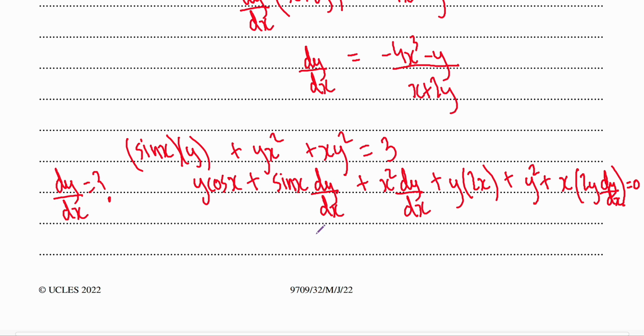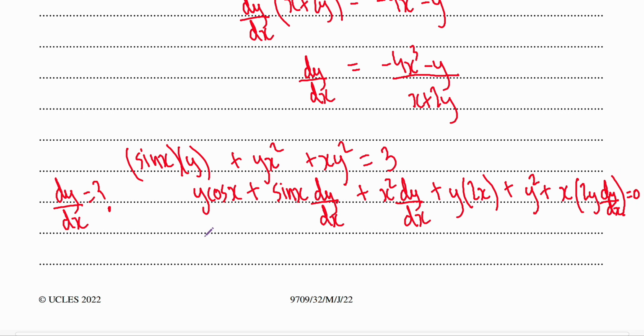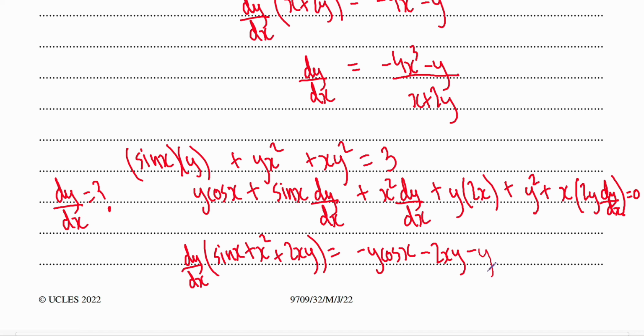You can just factorize it and rearrange the equation. So you're left with dy by dx. And then what do you have here? You have sine of x plus x squared plus 2xy. That's sine of x, x squared, and 2xy. And then on the other side, you have negative y cos x minus 2xy minus y squared.